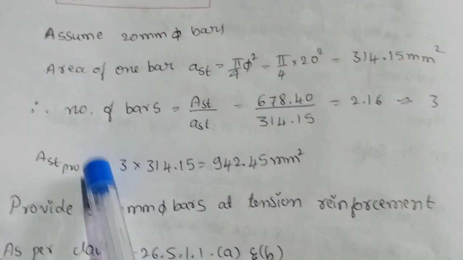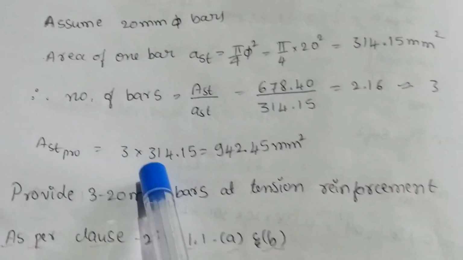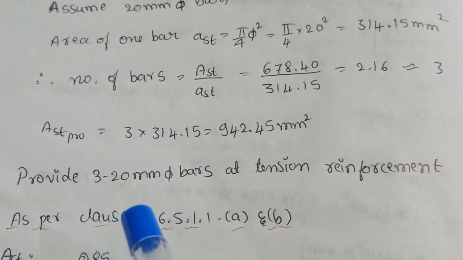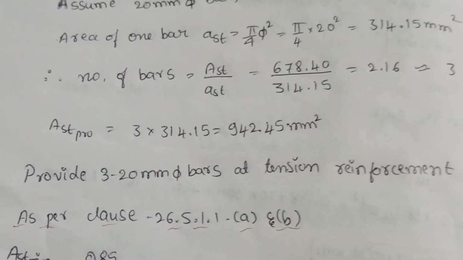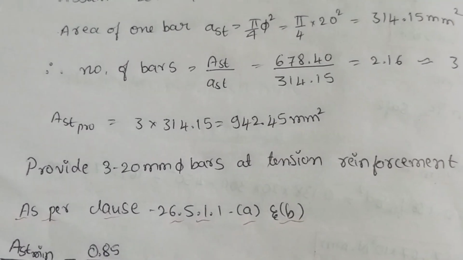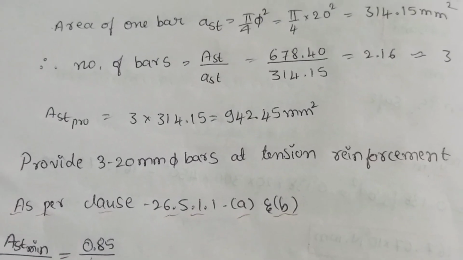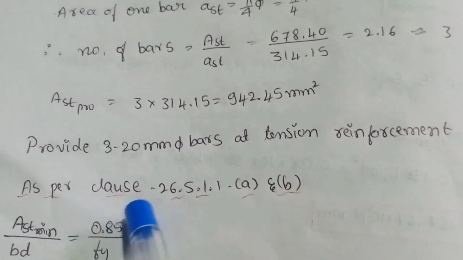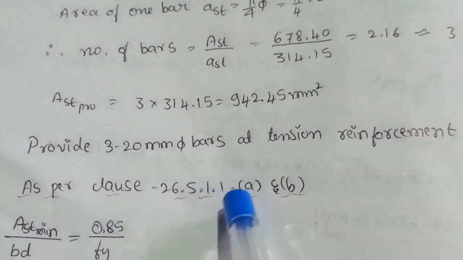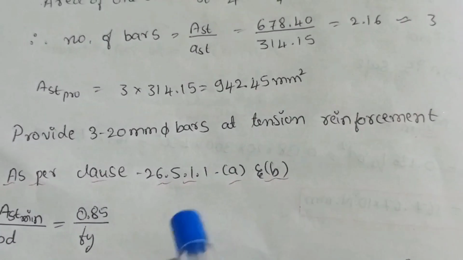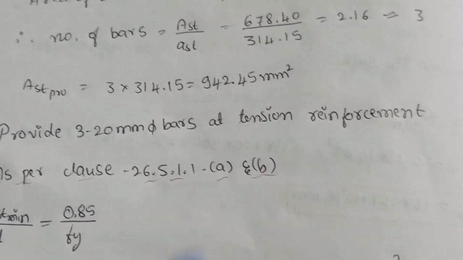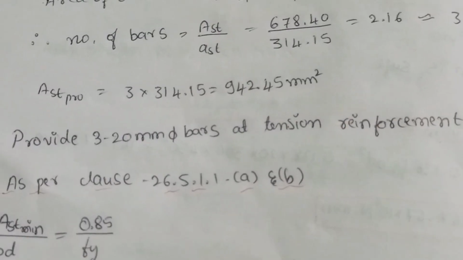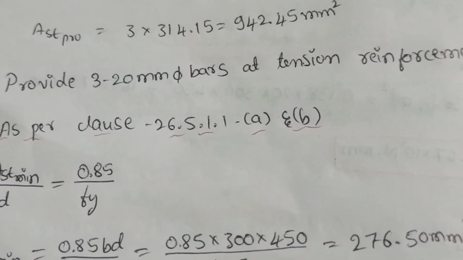After the calculation of AST provided, we have to check the actual bars also. The actual bars are nothing but the bars we are going to provide. So again, as per your codal rule, as per clause 26.5.1.1 A and B, we'll see what is the minimum and maximum reinforcement required in a beam.